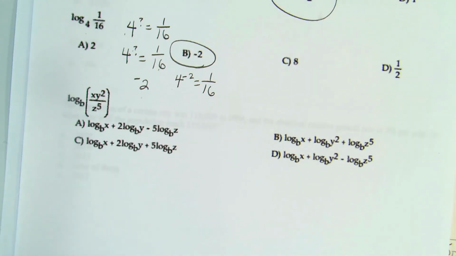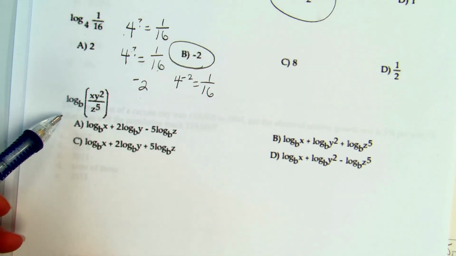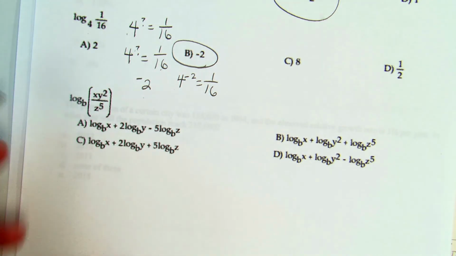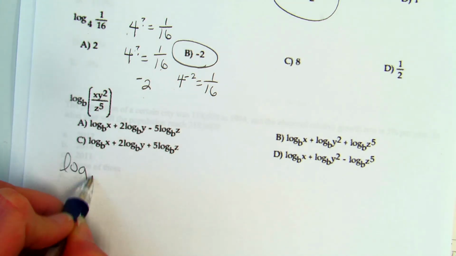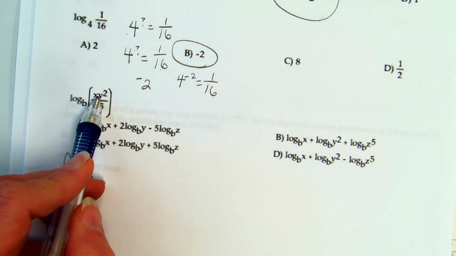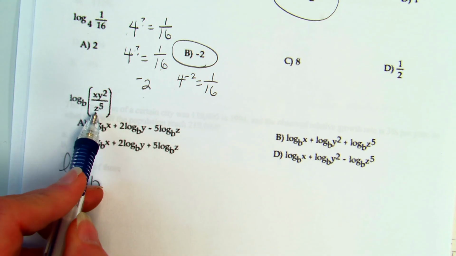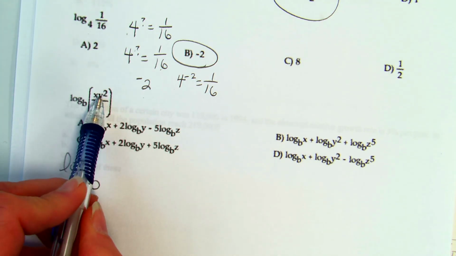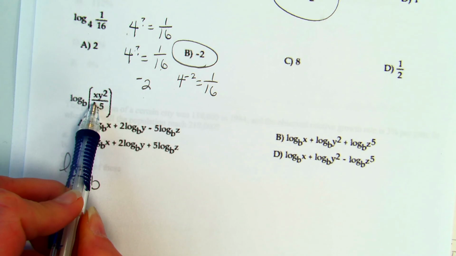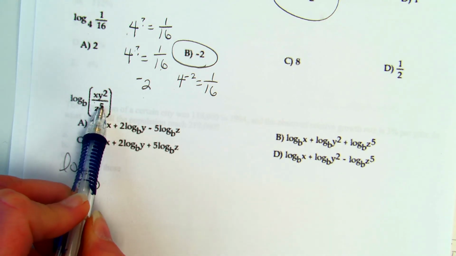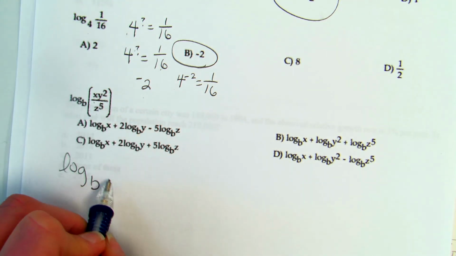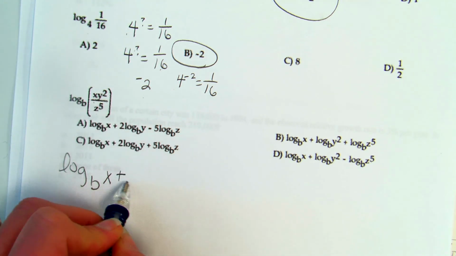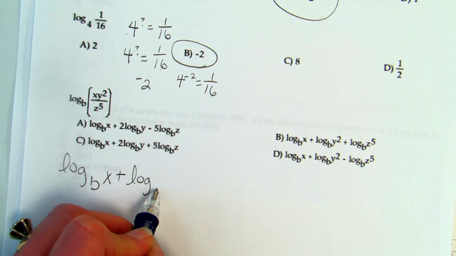This last one, the directions say to expand. And of course you can tell by looking at these answers that that's what I need to do. So we have log base B of x times y squared divided by z to the 5th. So I know I have multiplication. I know that 2's got to come down in front of the y. Divide means subtract, and I have an exponent of 5. So log base B of x plus log base B of y squared.